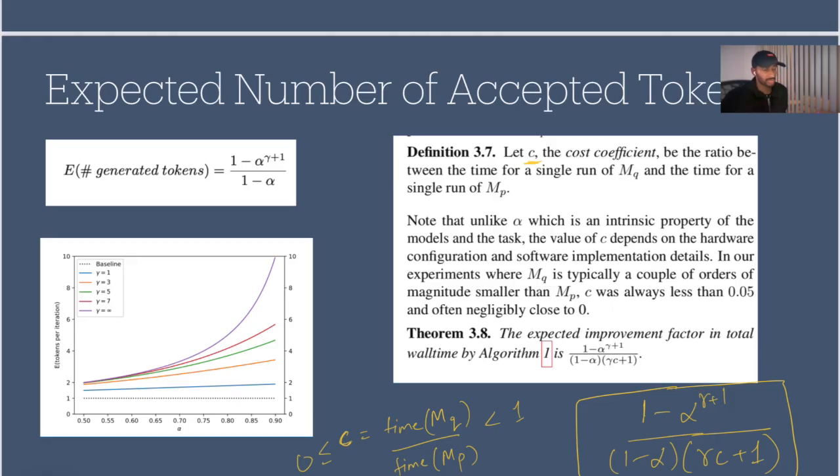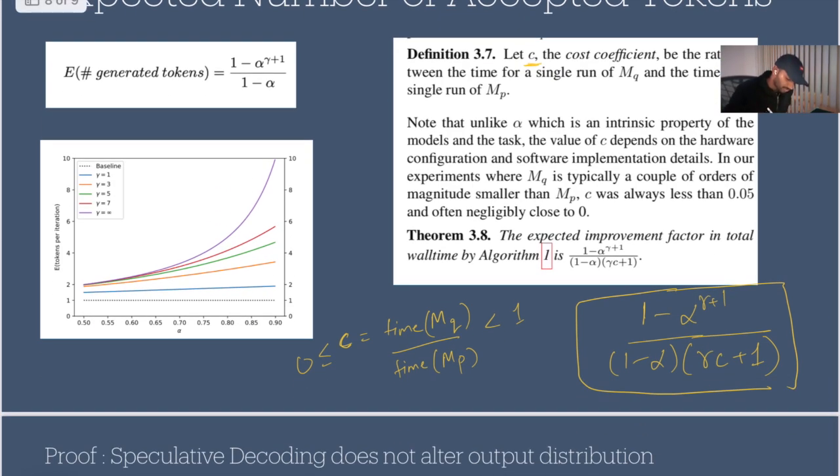While the acceptance rate is going to increase, the time is also going to increase as well. And we can see that from this relation here. So the cost coefficient sits in the denominator of the total wall time improvement. The expression in this box here is the factor by which the total wall time improves. And as you can see, if C increases, this factor decreases.